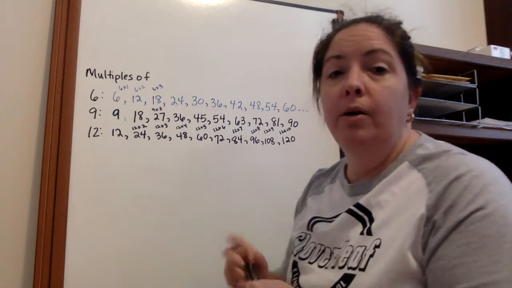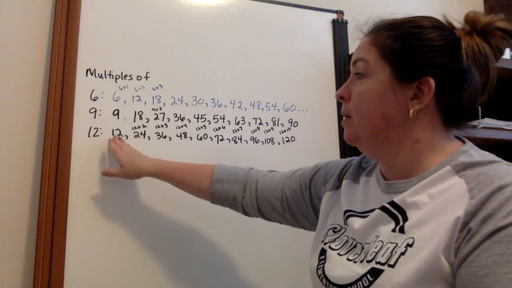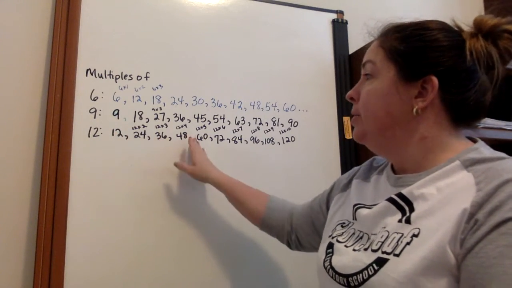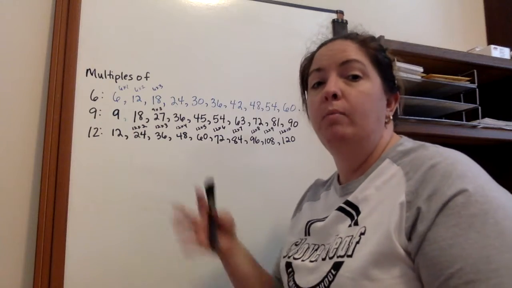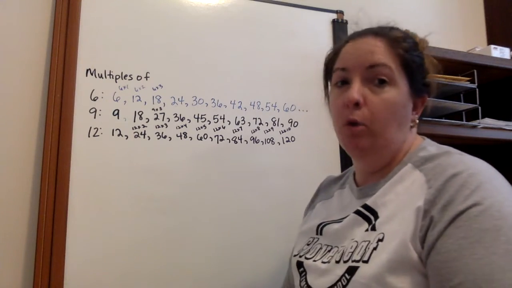So here is our list of multiples. We just added 12 to each number because we're multiplying one more set to find our multiples.